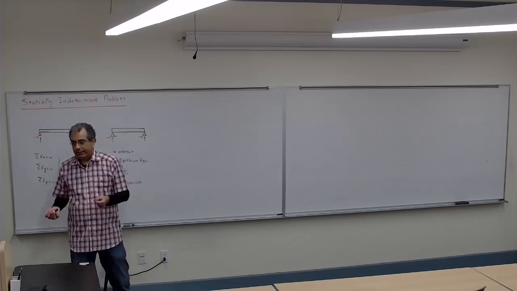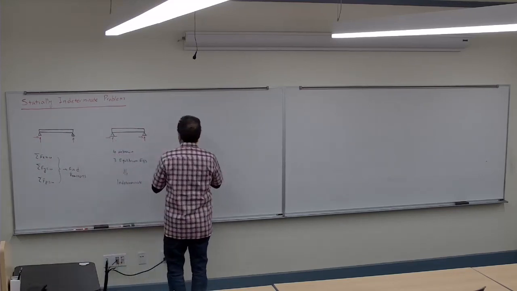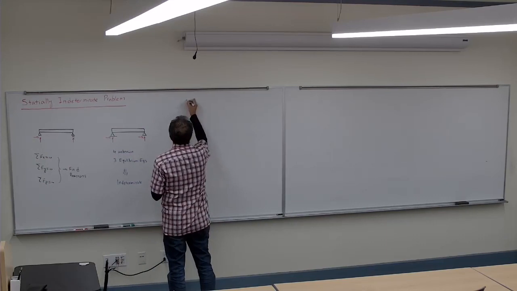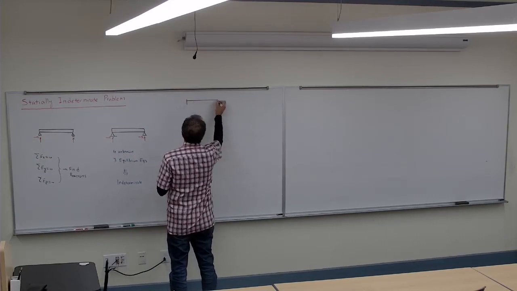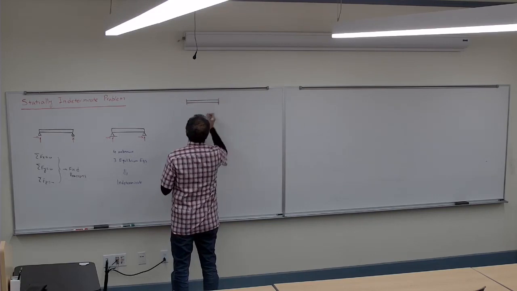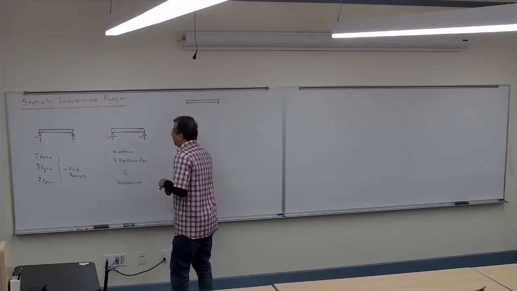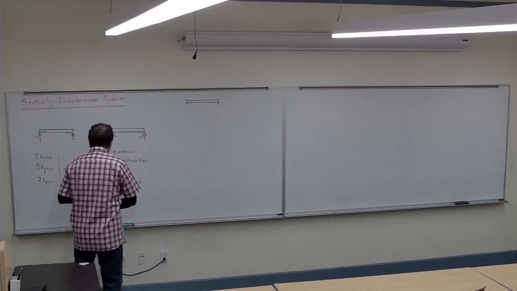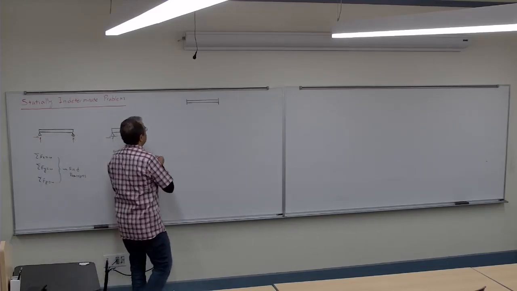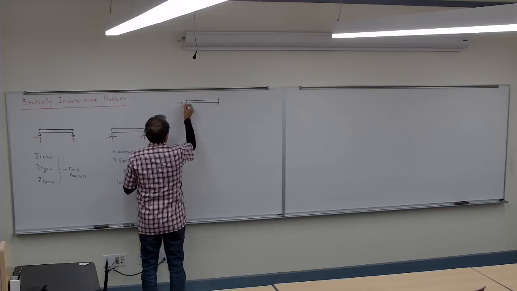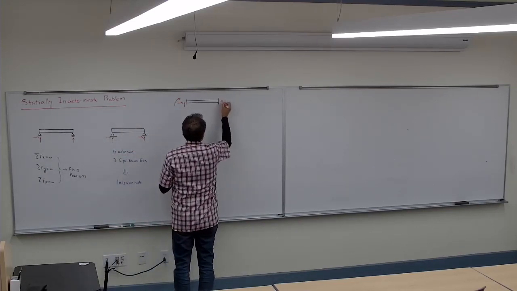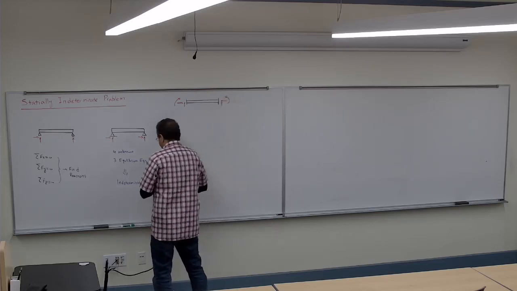What if I go ahead and make it even worse, for example, in this case, let's say something like this. So if I have something like that, it gets even worse.